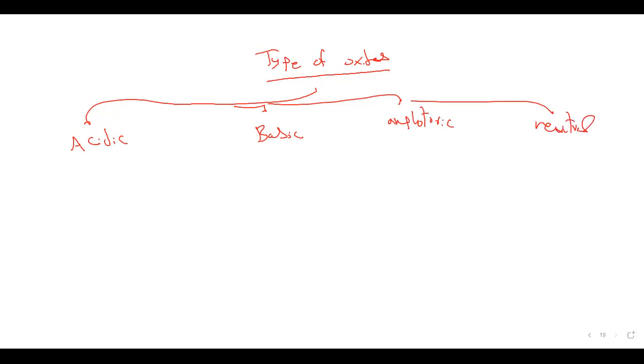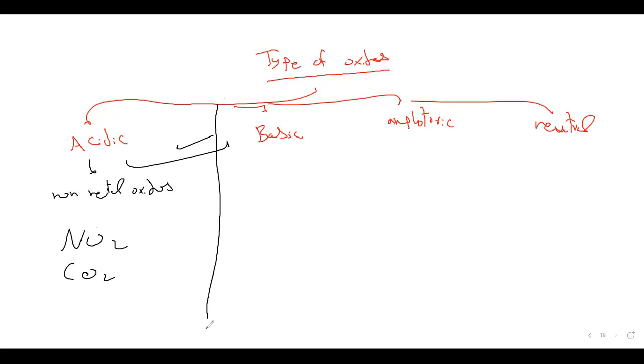Acidic oxides are non-metal oxides, and they react with a base, like NO2, CO2.